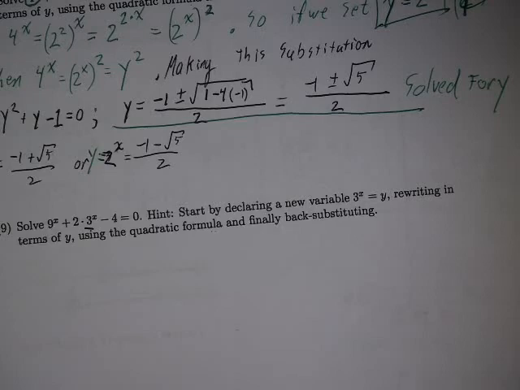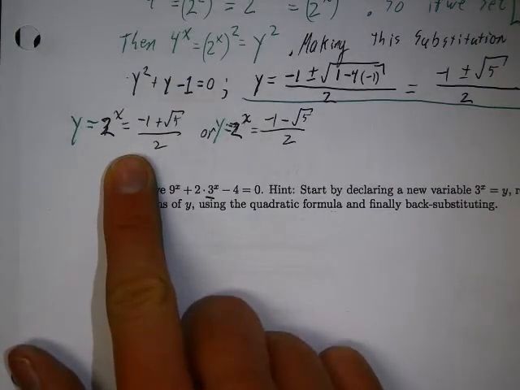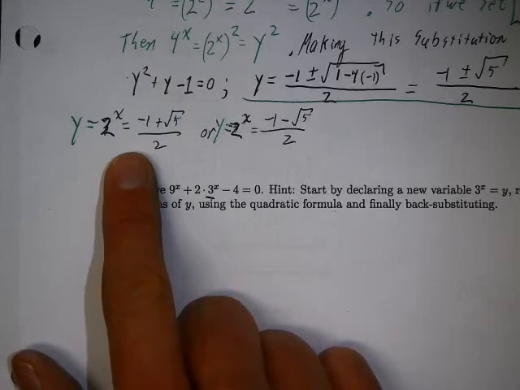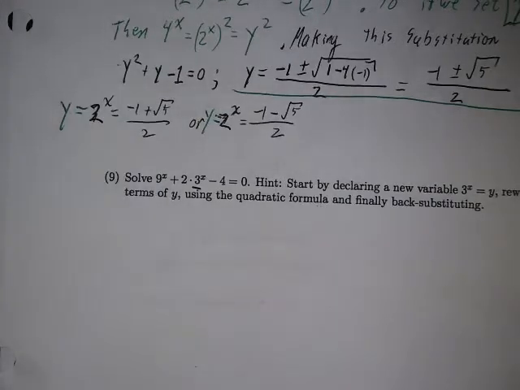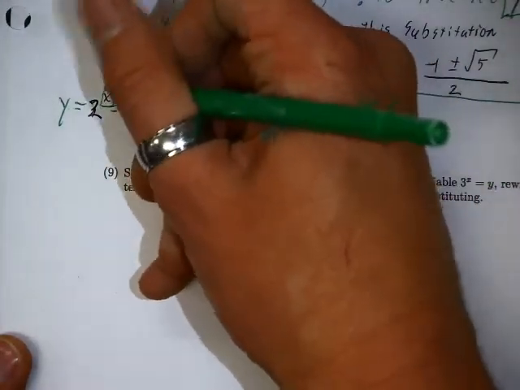Let's try to solve those 2 equations for x. And let's look at that first one first. 2 to the x is equal to a number. How do you solve that equation? Not divide by 2, because, oh. To get rid of that 2? But I want to figure out what x is, so I want to get x on its own.